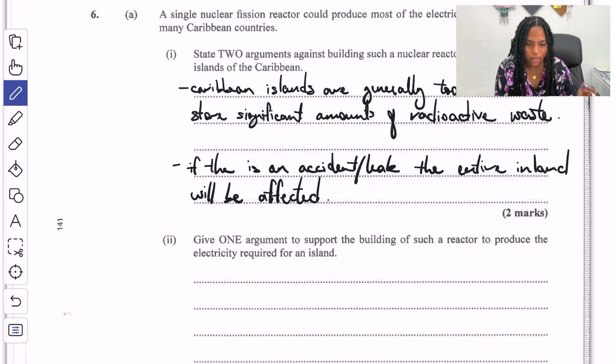Give one argument to support the building of such a reactor to produce the electricity required for an island. So the biggest thing for me is socioeconomic, I'm thinking, because then it removes that island's dependence on oil and gas importation, so they have energy security then.